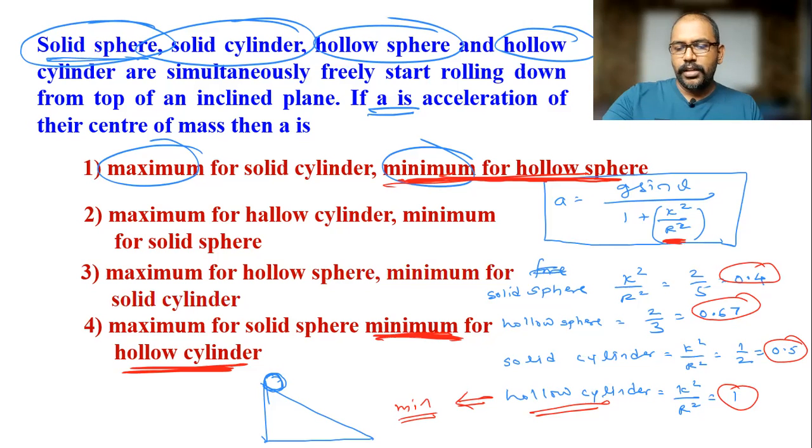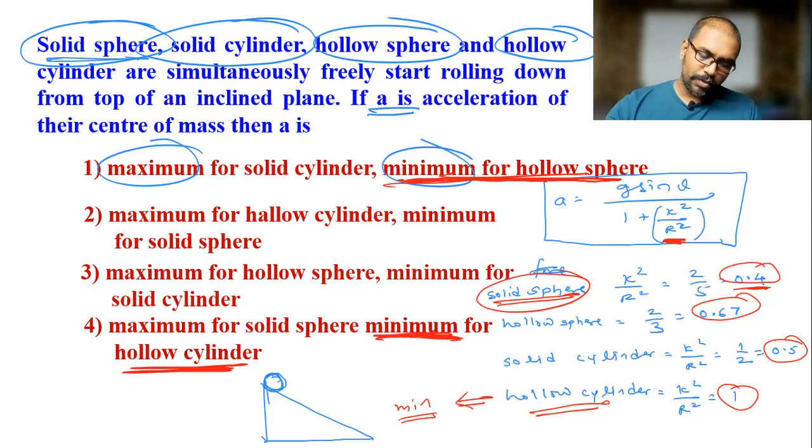Acceleration is maximum when k square by r square is minimum, which is for the solid sphere, 0.4. So acceleration is maximum for the solid sphere and minimum for the hollow cylinder. So option 4 is the correct option for this question.